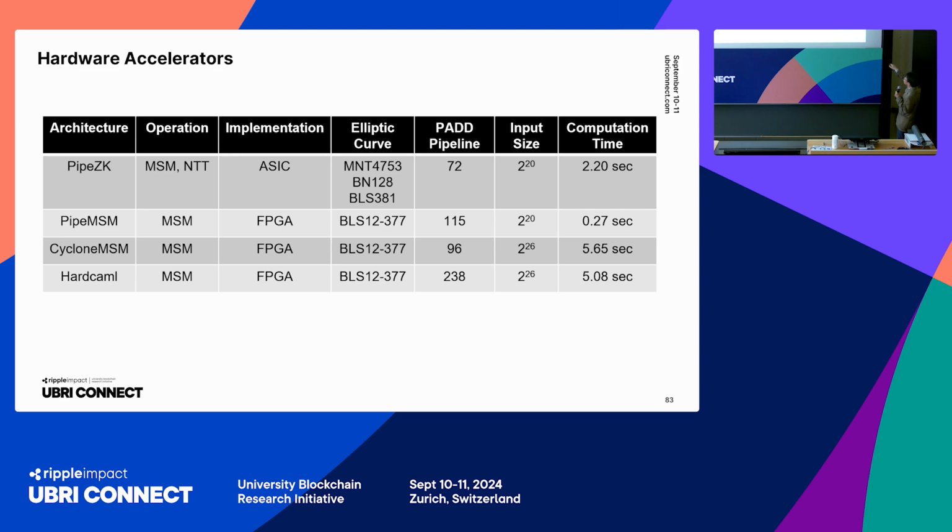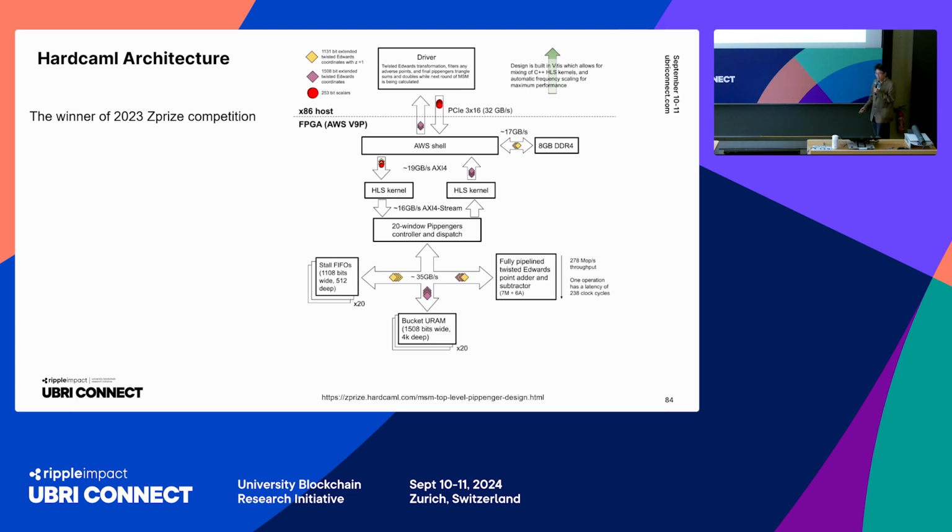The last 2 hardware accelerators support up to 2 to the 26 numbers. And the last one, Hard Camel, is probably, to the best of my knowledge, the fastest one so far. And this is the winner of last year's ZPrize competition. And this is the hardware architecture of this one.